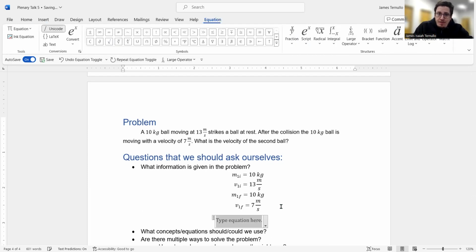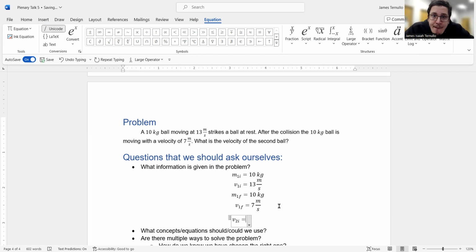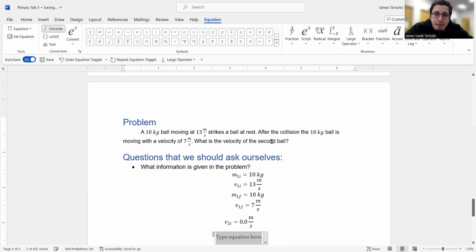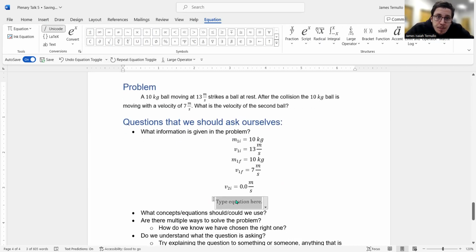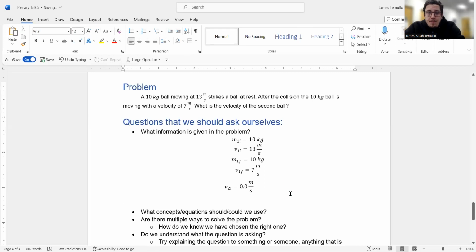So we know that V2I is at rest, so it has 0.0 meters per second velocity. It doesn't say anything about the mass of the second ball, so we're kind of left with just this.